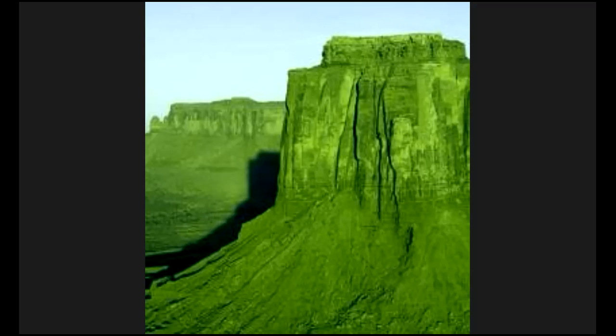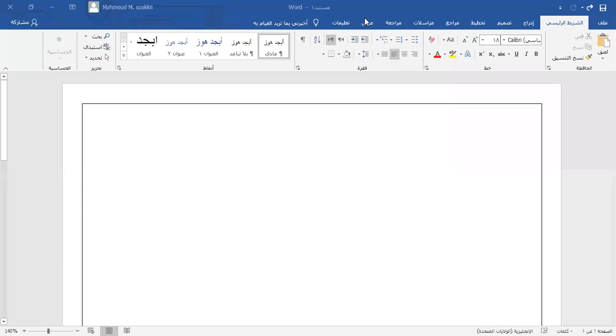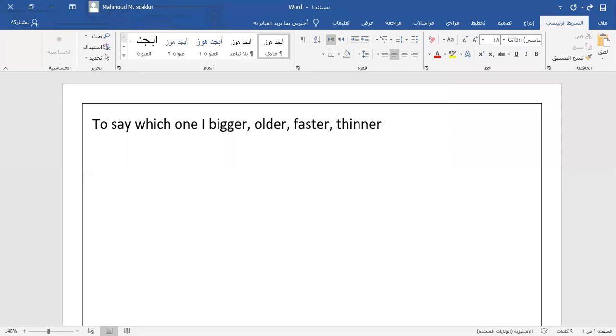Our lesson today is comparison. To compare, to say which one is bigger, older, faster, thinner, etc., we use this rule.